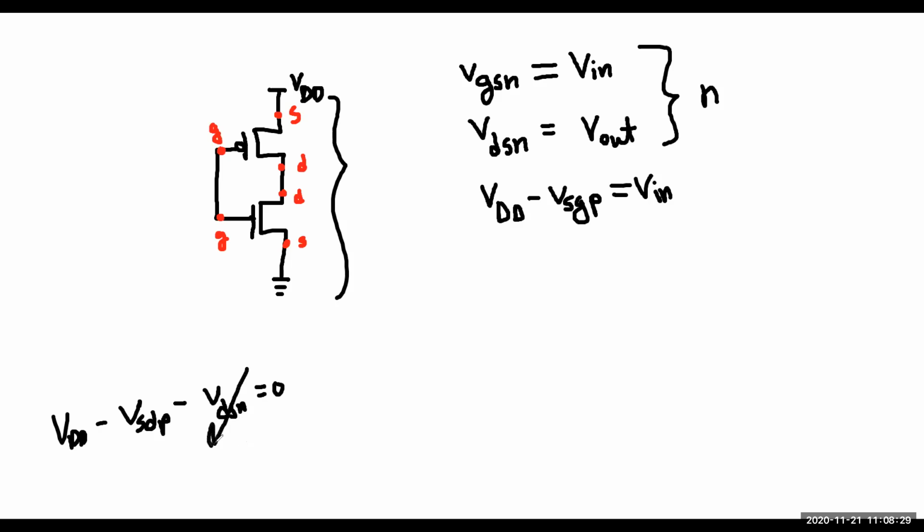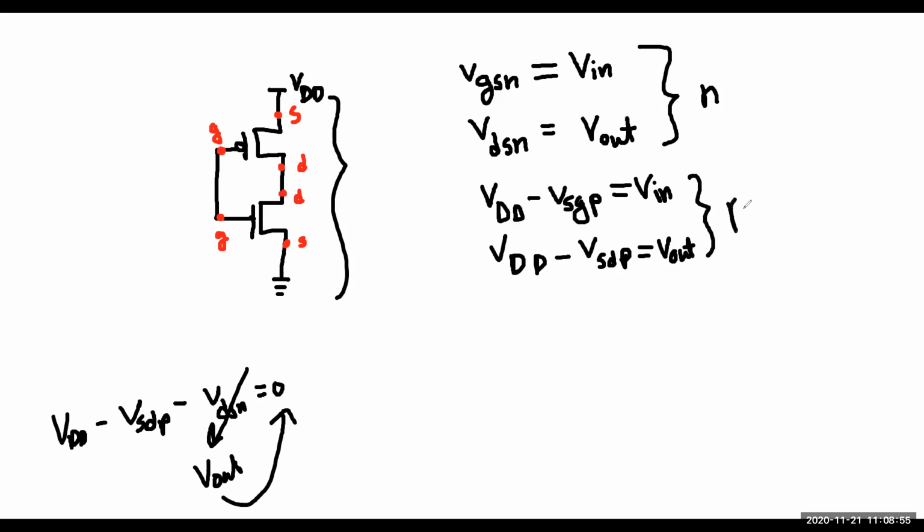VDSN we can call Vout. Since it is minus, we can take it to the other side. So then we have the formula VDD minus VSDP equal to Vout. So these two formulas are for PMOS.